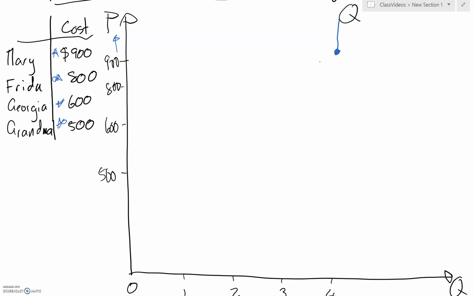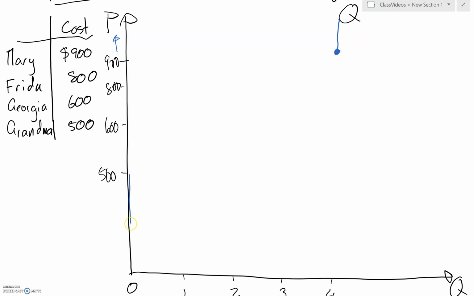What about at a price below 500? At a price below 500, no one is going to want to sell their item because their cost is above $500. So nobody wants to sell at strictly below $500. This means the supply curve is on the vertical axis at prices below $500.